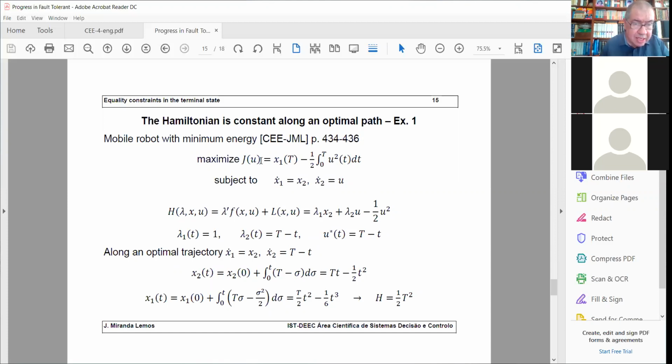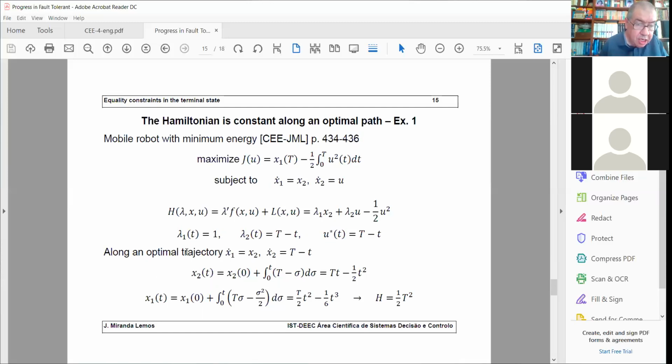And then I want to maximize the distance traveled during the optimization interval minus the integral of u squared. If u is the force in this case, then the square of the force is the power, and the integral is the energy that you consume in the maneuver. So you want to travel as much as you can, but at the same time minimize the energy that you are consuming. This was a problem that we have solved.